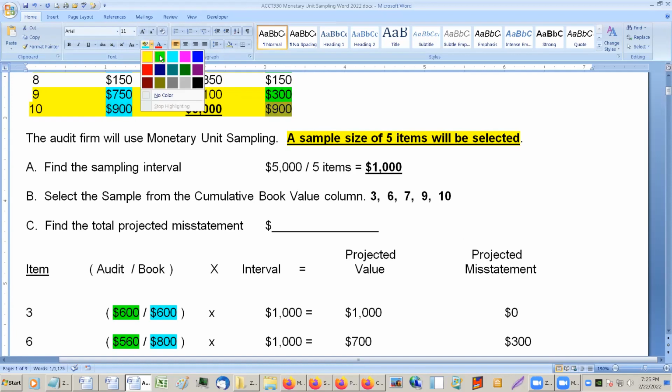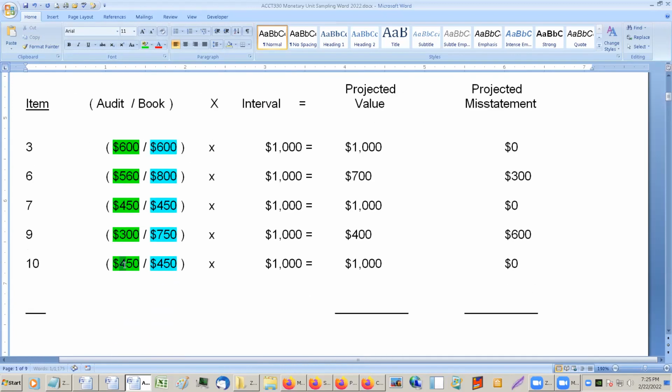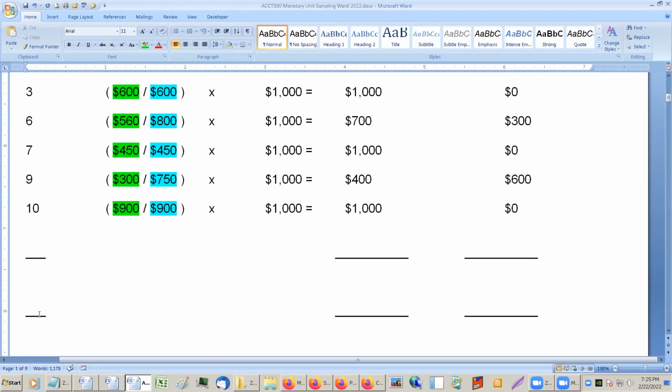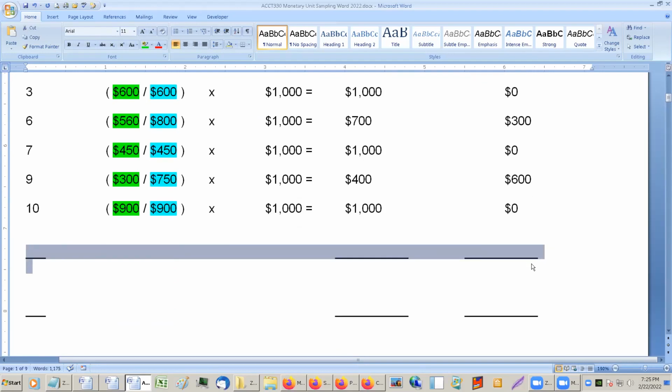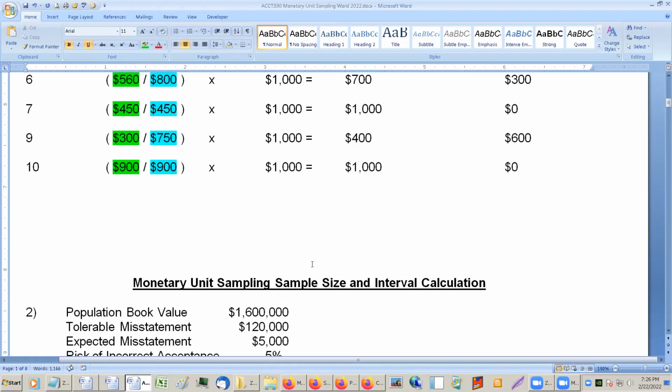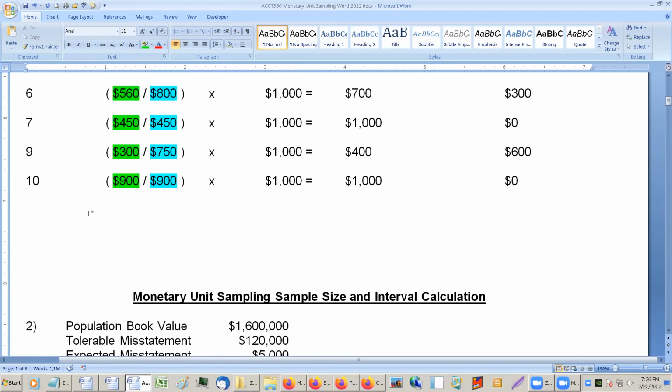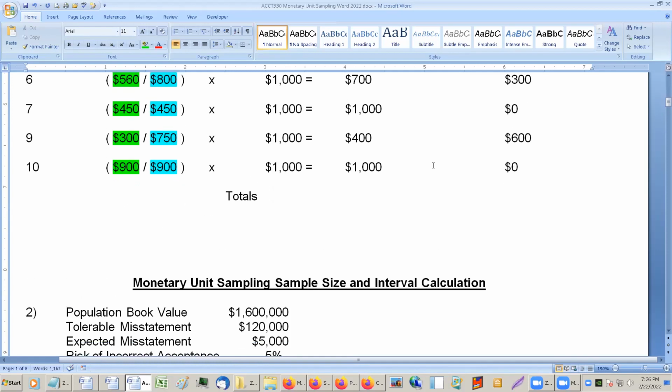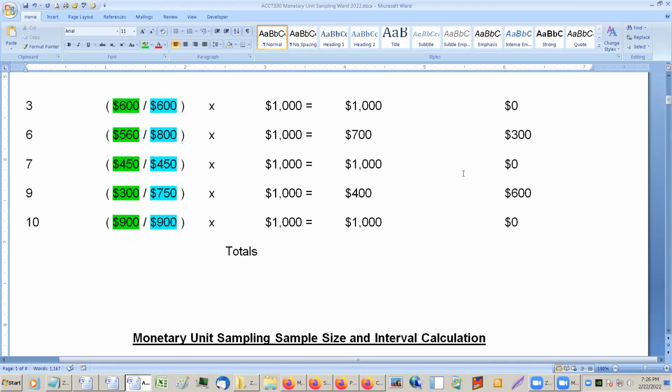And 10, these are both 900. Okay. We're going to have to focus on the total misstatements.